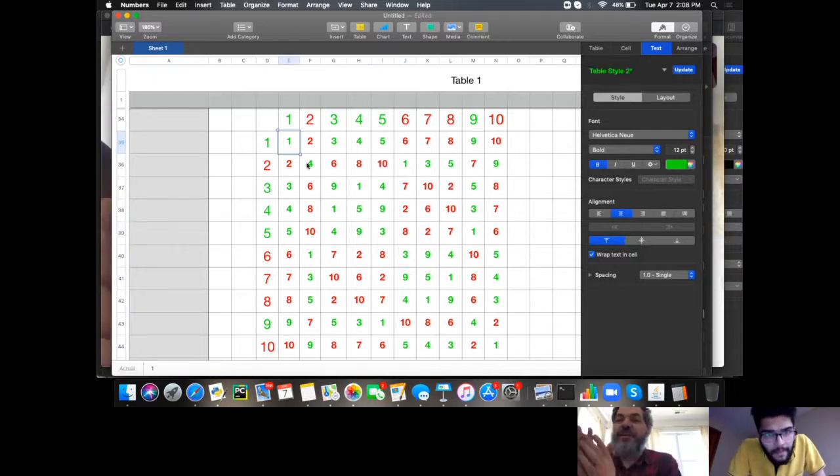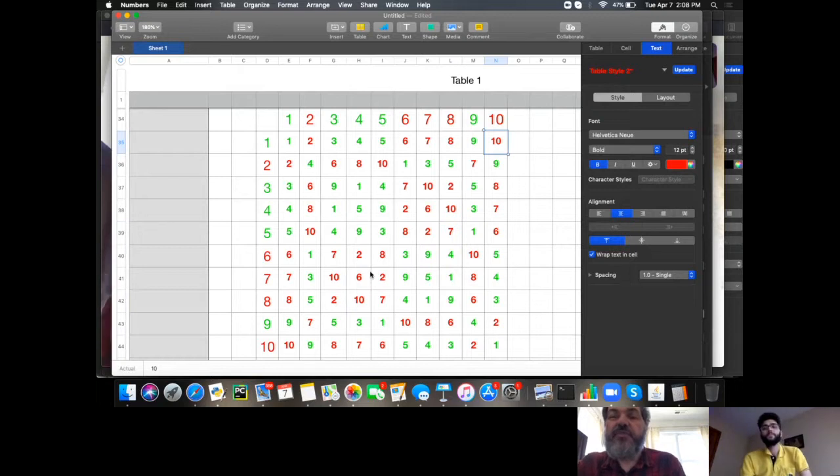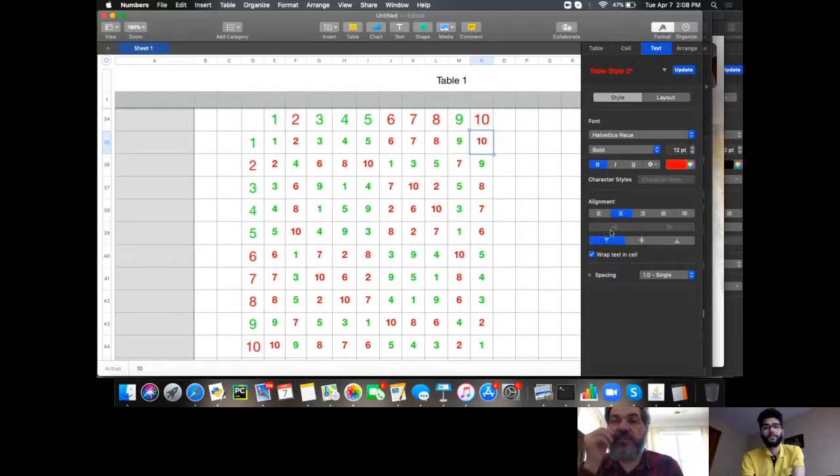The second remark was that numbers on the second diagonal, meaning 1 times 10, 2 times 9, 3 times 8, and so on, have the same color. In our case, the color is red. And we have this diagonal 10, 7, 2, 6, 8, and then of course by symmetry with respect to the center.